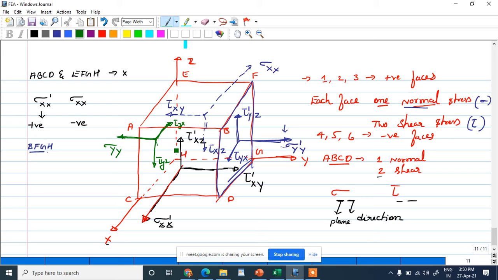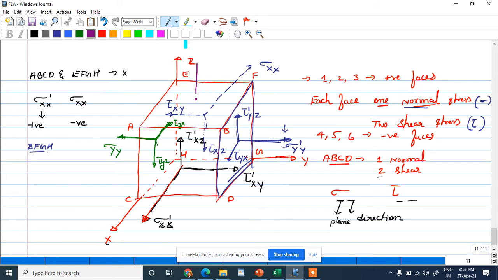So far we have done for the front face and the side face, and for the top face, okay, again you should understand. Okay, let me take this particular color. So this is the center.